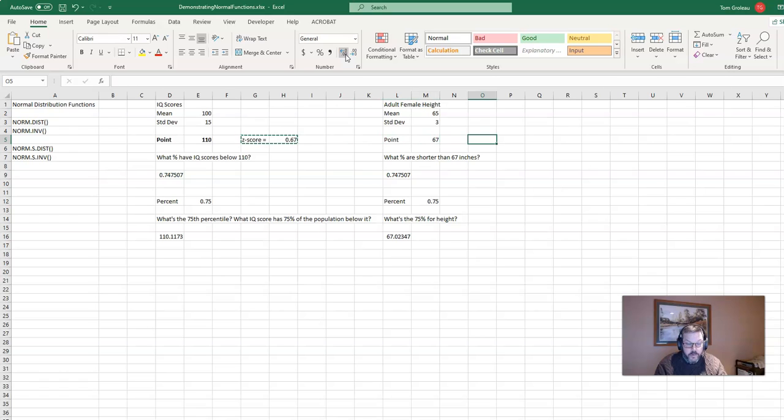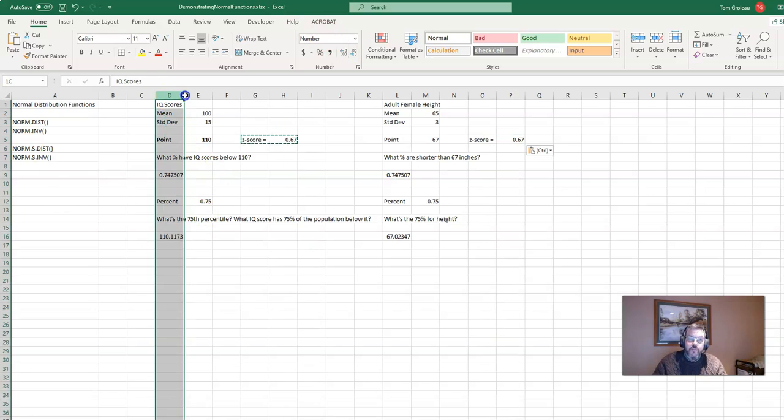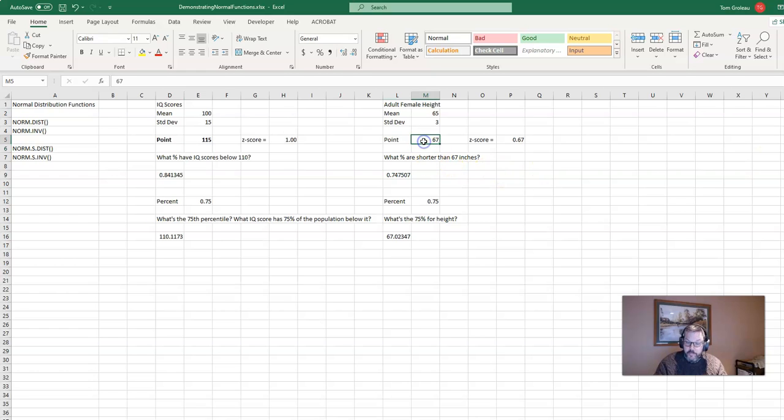But if I go over here, I get the same z-score. So it doesn't matter which of these distributions I'm in. If I'm 0.67 standard deviations above the mean, I get the same stuff. If I'm exactly 1 standard deviation above the mean, they both have a z-score of 1.